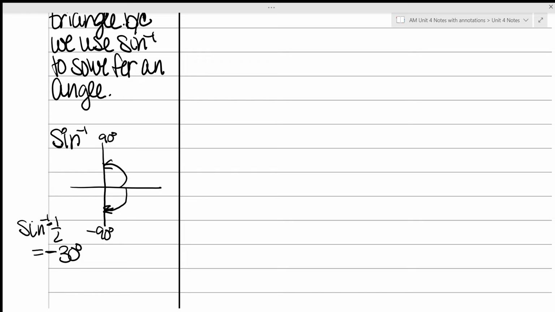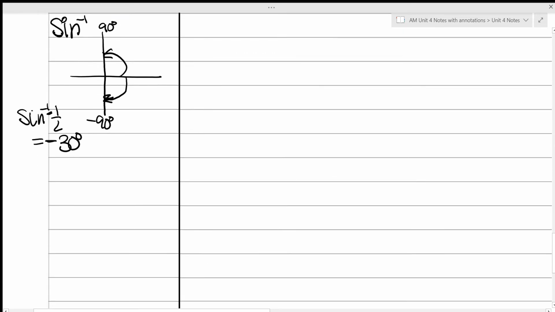Okay, so sometimes it's going to give me a negative angle when it should probably be an obtuse angle, but my calculator is really going to give me that positive angle, and I need to account for a possible obtuse angle. We are looking at angles between 0 and 180, but sine inverse doesn't go on the other side of the 180. So we need to check if that triangle is actually over here.